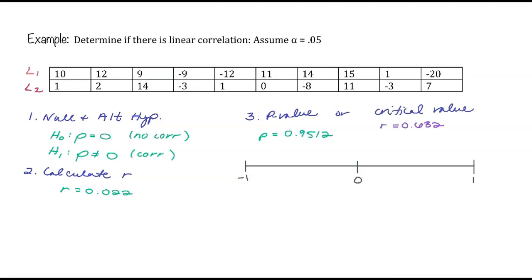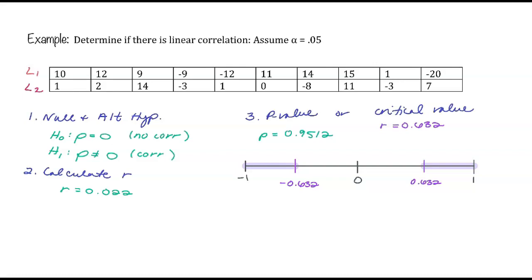On our scale from -1 to +1, this critical value and its negative counterpart serve as the barriers for how close to -1 or +1 our correlation coefficient would need to be in order for us to conclude that there's a linear correlation. If our value for R landed in either of these regions towards -1 or +1, then we could conclude that there's a linear correlation.